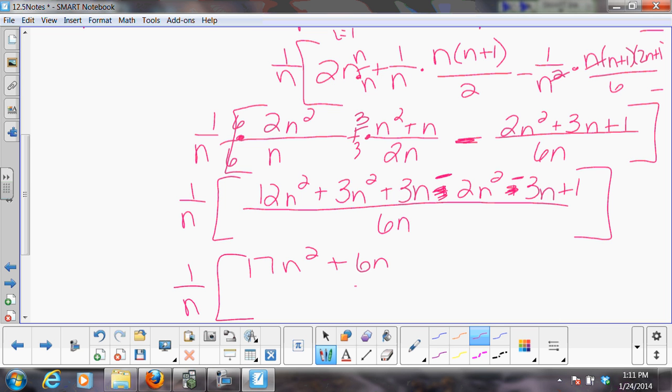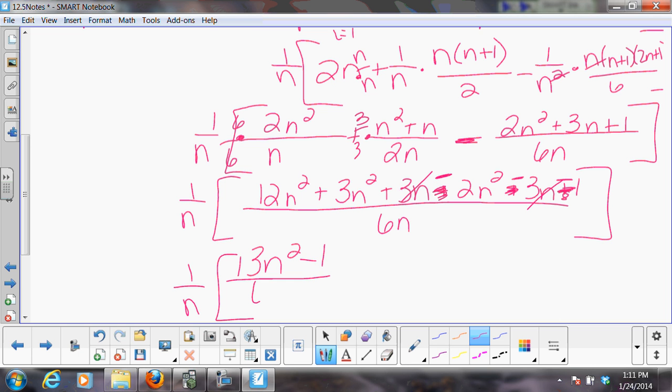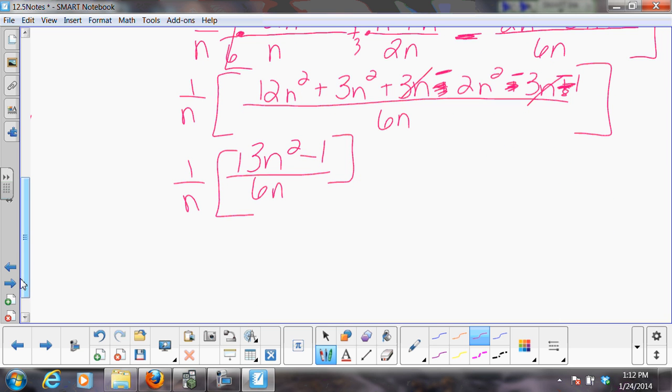That's a minus. This is a minus. Okay, changes these values. This becomes 13n squared. 3n minus 3n goes away, and then we have minus 1 at the end over 6n. That looks better. Okay, with 13n squared minus 1 over 6n squared.